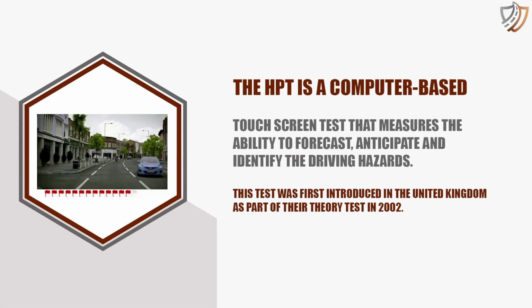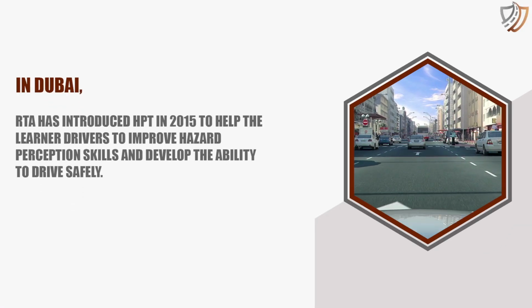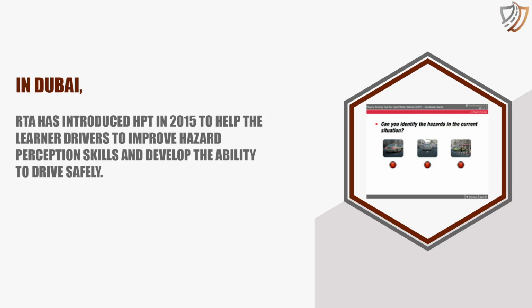The HPT is a computer-based touchscreen test that measures the ability to forecast, anticipate, and identify the driving hazards. This test was first introduced in the United Kingdom as part of their theory test in 2002. In Dubai, RTA has introduced HPT in 2015 to help the learner drivers to improve hazard perception skills and develop the ability to drive safely.